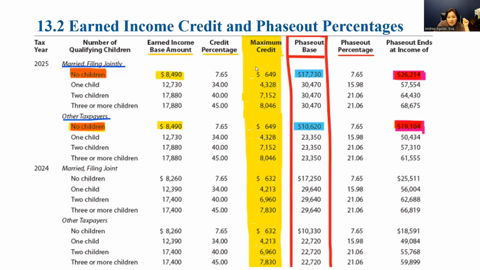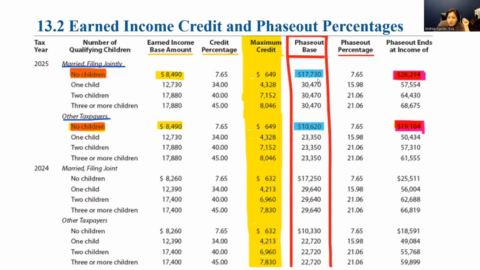This is the maximum amount of the credit that you can get as a married couple with no children. If you are making $9,000, for example, you are going to get the same credit. $10,000, same credit. $15,000, same credit. But there will be a point where you are not going to receive the maximum credit anymore.